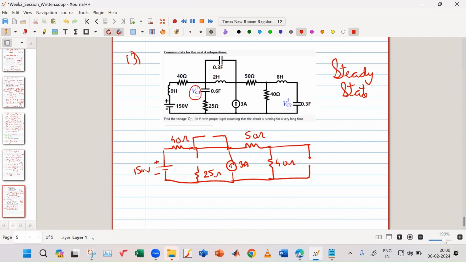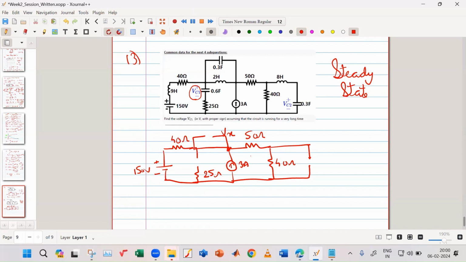So what you have to do first is solve this network. If I draw this circuit in a better manner, I will get it in this form. Let us solve this circuit. We'll apply KVL, KCL, nodal analysis. Let us assume this voltage is some Vx, at this node.